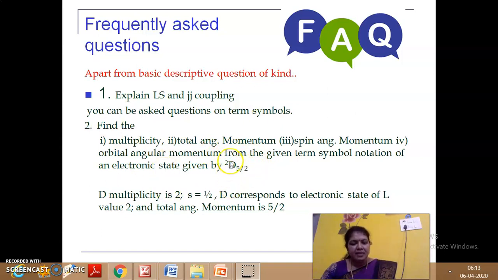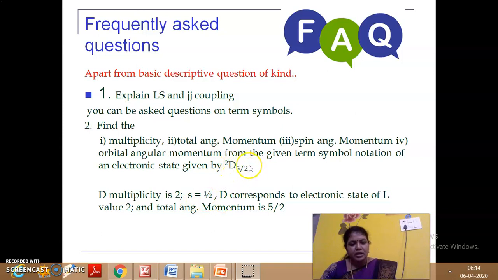When I have the letter D, then the orbital state would be L equal to 2. So D corresponds to an electronic state of L value 2. Now the multiplicity is 2, therefore 2S plus 1 is equal to 2. Therefore S takes the value half.